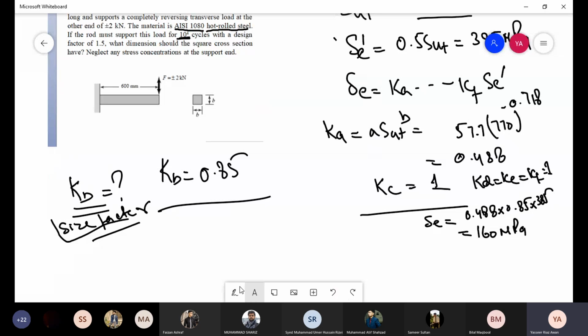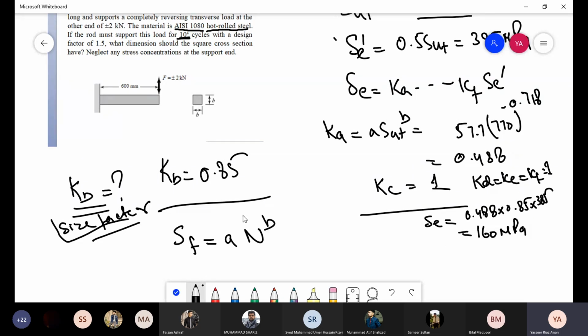Now we need to find SF, and for that we know this relationship. SF is again on a log-log graph.